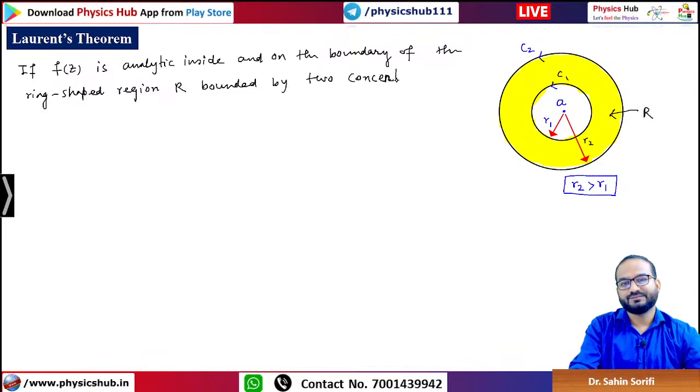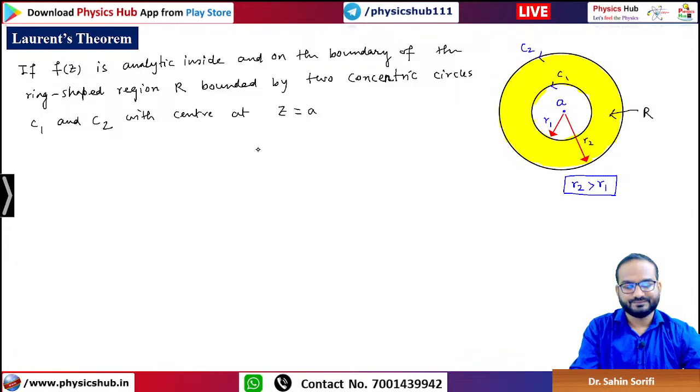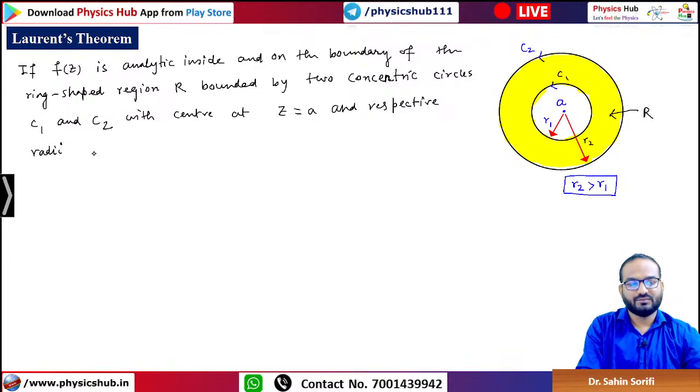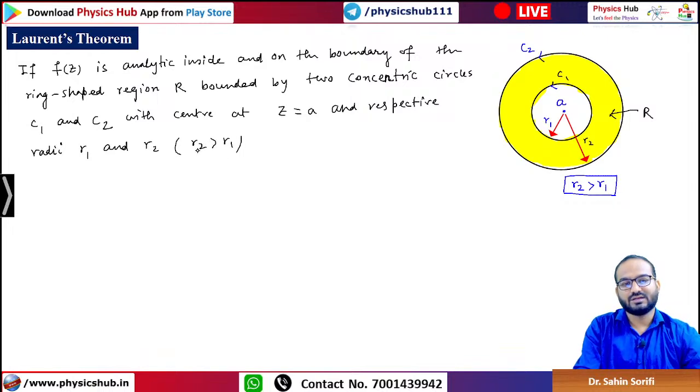Concentric means having the same center. Two concentric circles C1 and C2 with center at z equals a, and respective radii. Radii is the plural form of radius, r1 and r2, provided r2 greater than r1. So r2 is the outer radius.